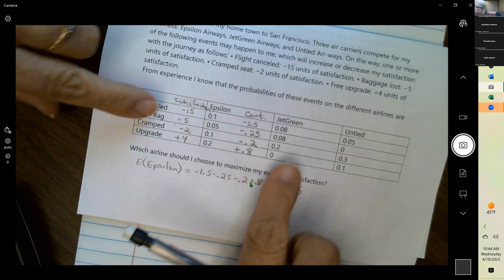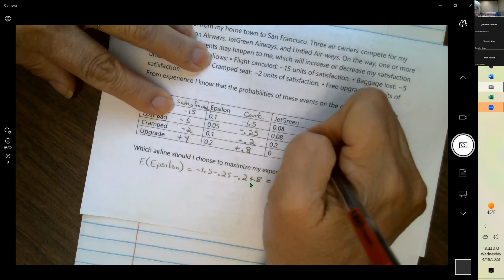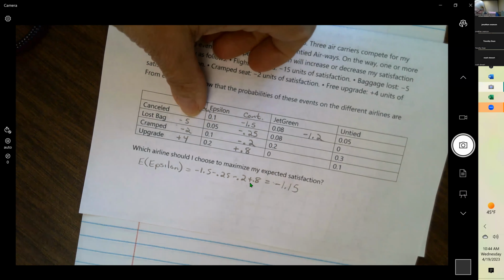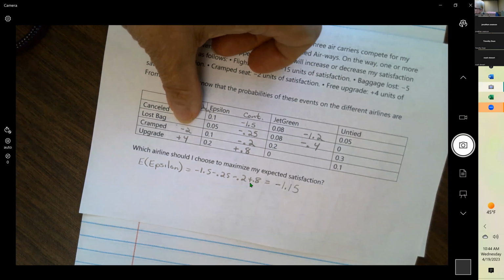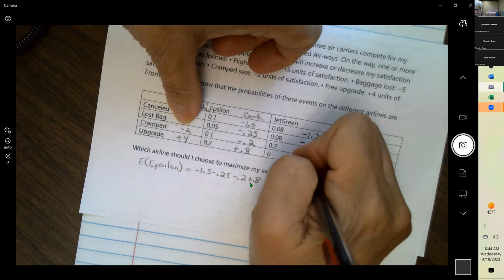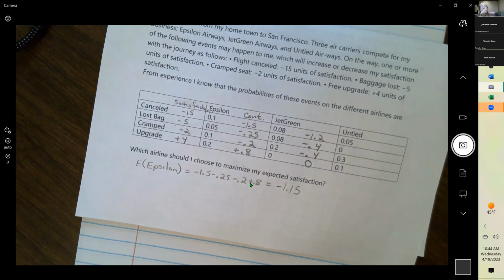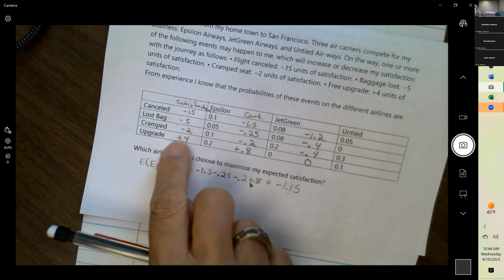And then we do the same thing for the next one. 15 times 0.08. Notice this one getting an upgrade, there's no chance with Jet Green.